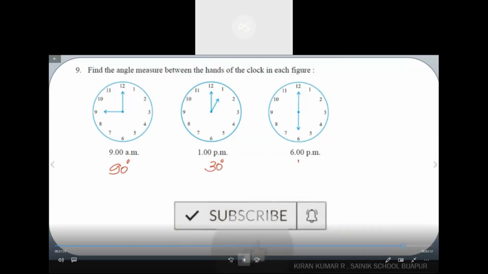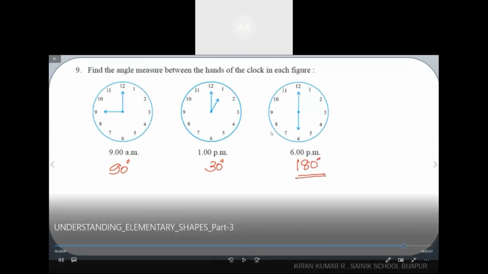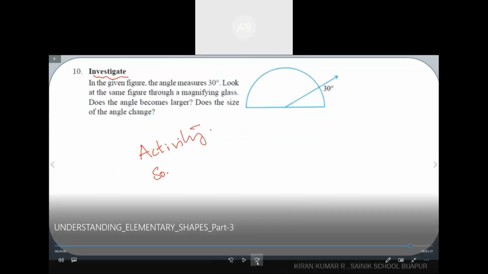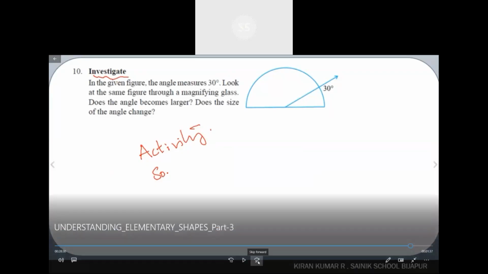Second one, here 30 degree angle, 180 degrees. It's very easy, right? Yes sir, we can measure like that between 2 minutes. It is a 30-degree angle only. Yeah, correct.